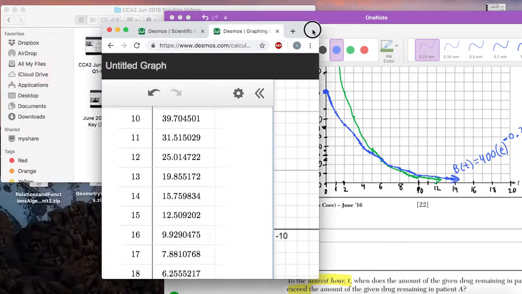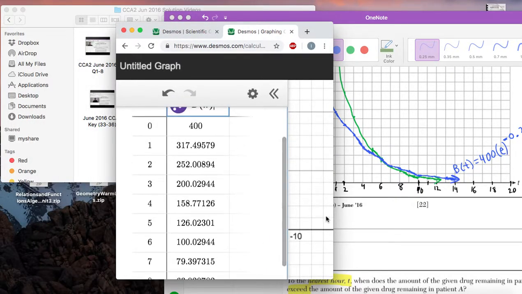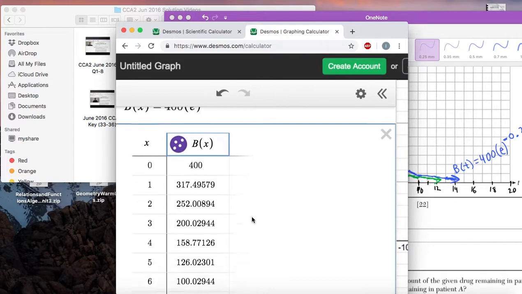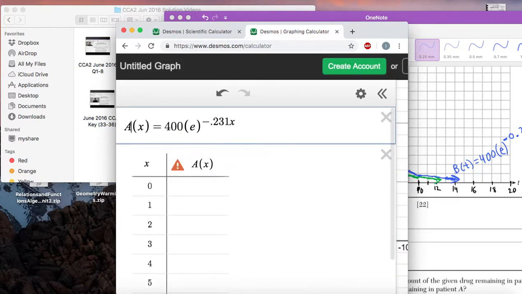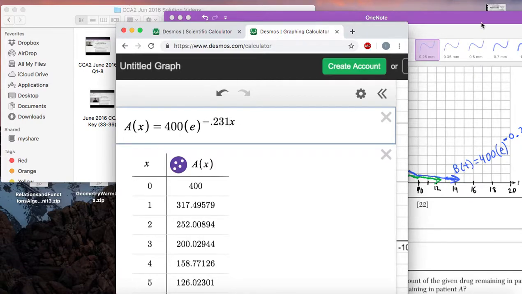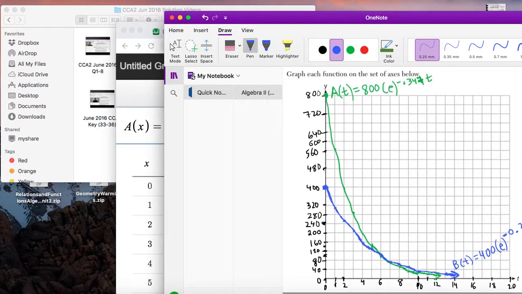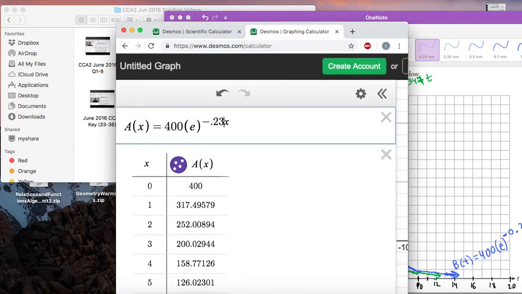Let's get a table for both functions. So let's put a of x back here, which was negative 0.347.